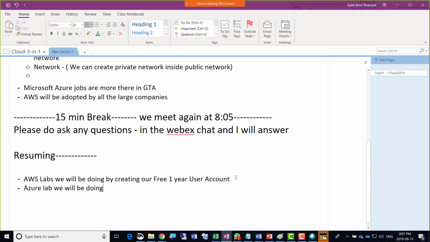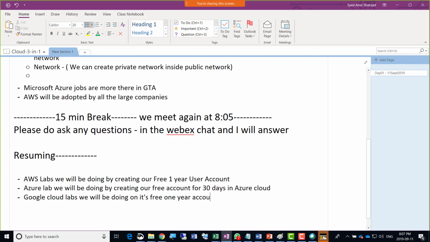Azure Lab we will be doing by creating our free account for 30 days in Azure Cloud, and Google Cloud Labs we will be doing on its free 1-year account.